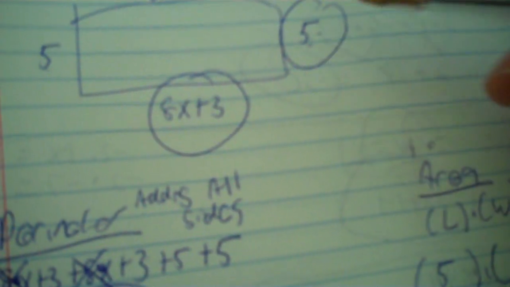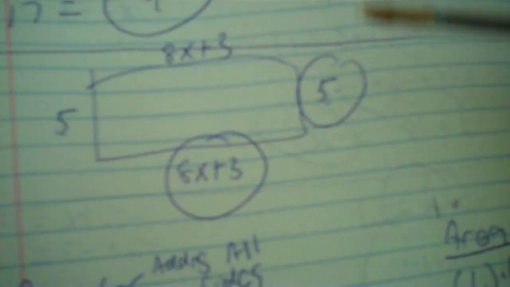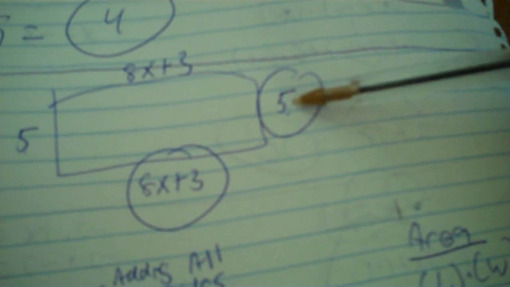Okay, area, length times width. Now, I would put the 5 first. I would put the one that has only one number, the 5, first, and then the one that has two, one with an x, one not, I would put that separate, and then I simplify.